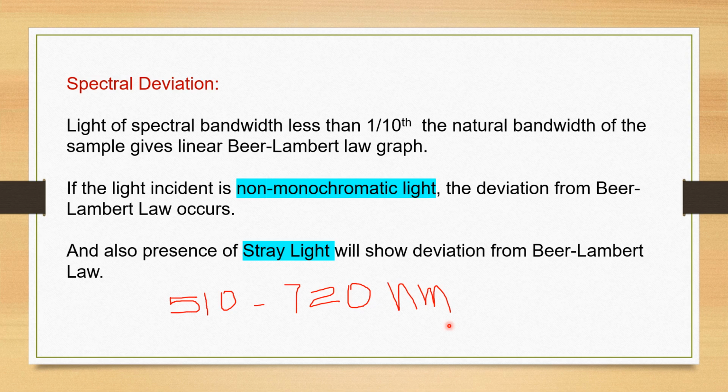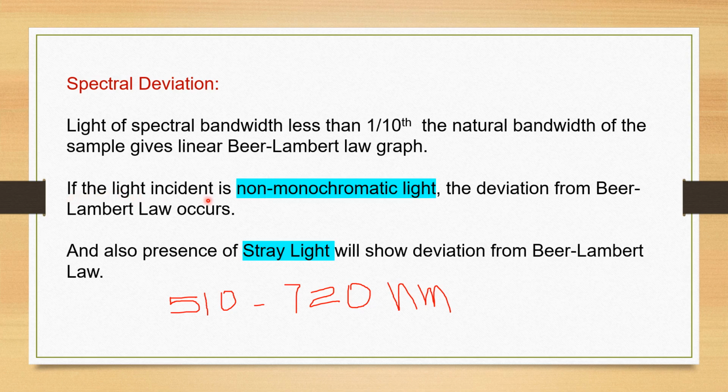So 1/10 of natural bandwidth means 210 by 10 nanometers, that equals 21 nanometers. So for that sample, the monochromator with spectral bandwidth less than 21 nanometers has to be used. If we use the monochromator with spectral bandwidth more than 21 nanometers, deviation from Beer-Lambert law occurs.